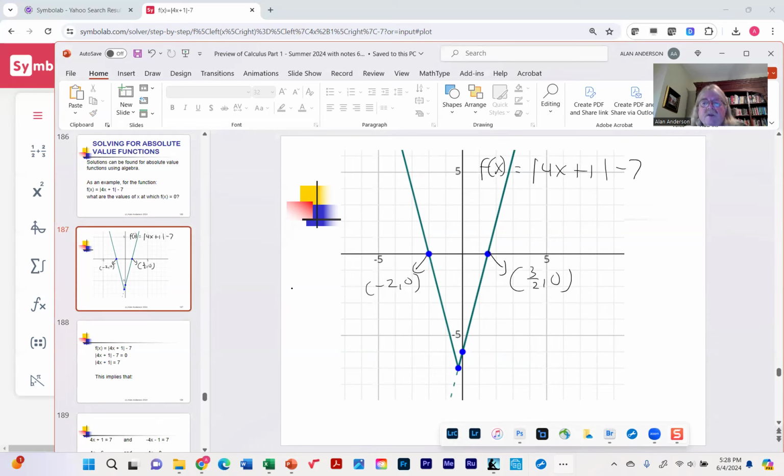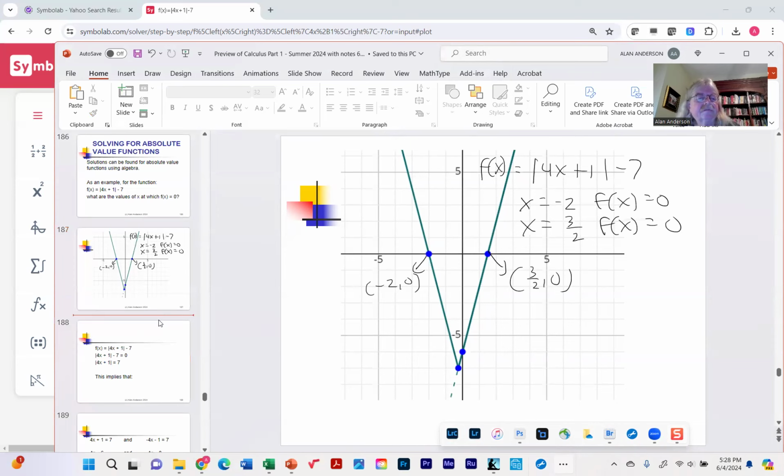So what that basically is implying is that when x equals -2, the function equals 0. And when x equals 3/2, the function equals 0. Okay, now we can prove it by plugging in those numbers.